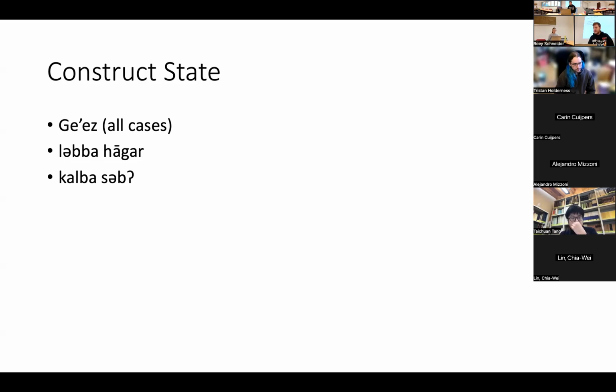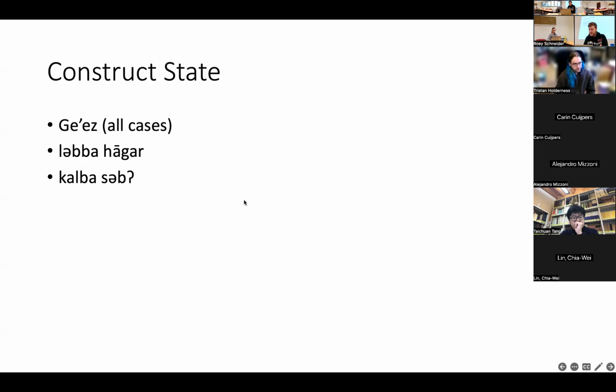It could be completely unrelated to the accusative, but it's identical to it. So this suffix is the accusative suffix and the construct state suffix, but it could be completely separate. I don't know. You're right, sometimes you do add it in Akkadian as well. That's also weird. But it doesn't happen in Ge'ez before possessive pronouns. So it would be libika or something like that, I think, and not libaka.